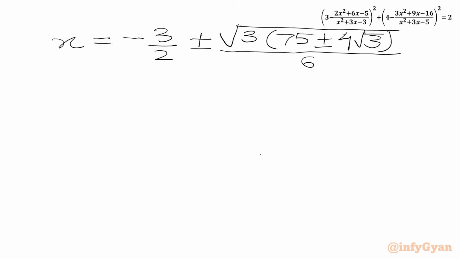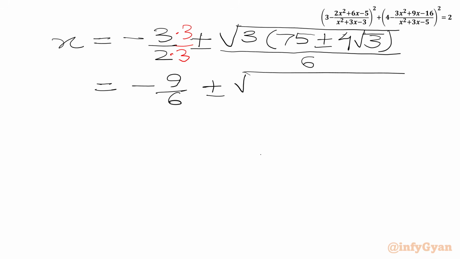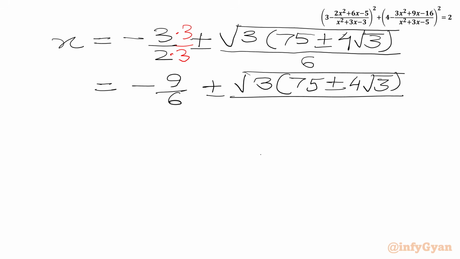Now I want to create 6 over here. So I need to multiply 3 in the numerator denominator. Now 3 times 3 is 9. So we'll write minus 9 over 6 plus minus square root of 3 times 75 plus minus 4 square root 3 over 6.